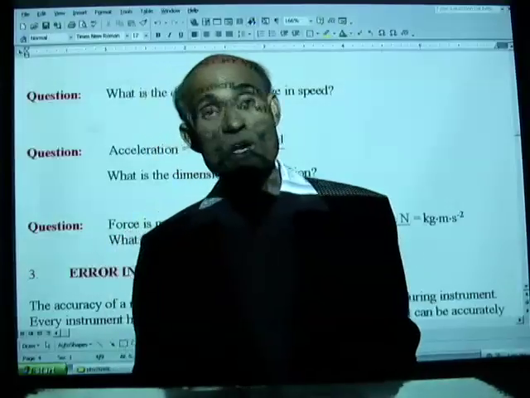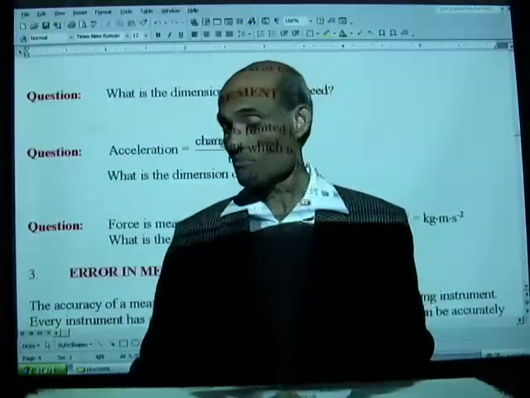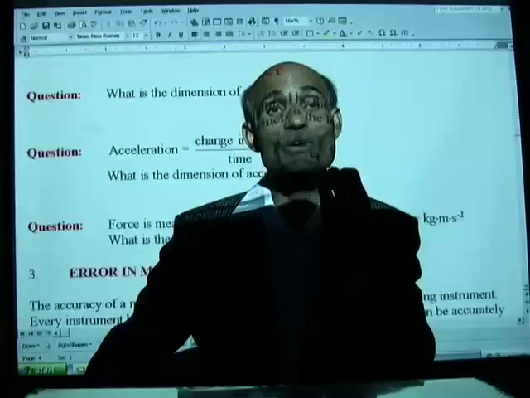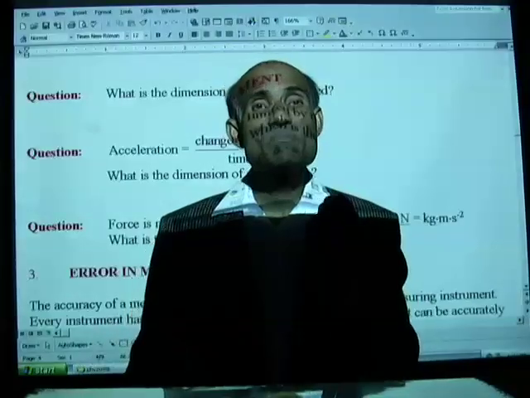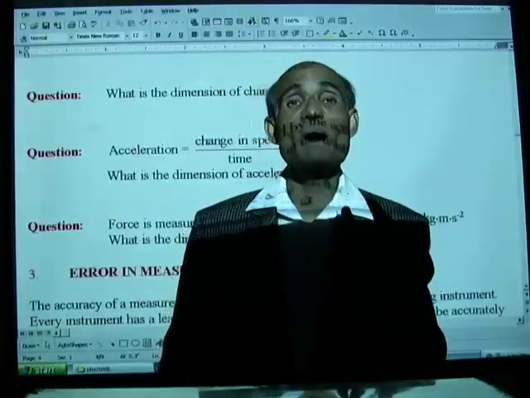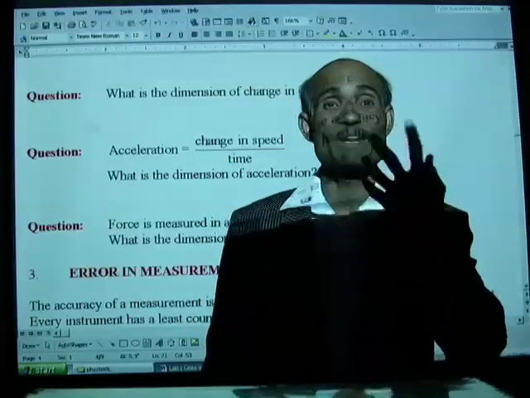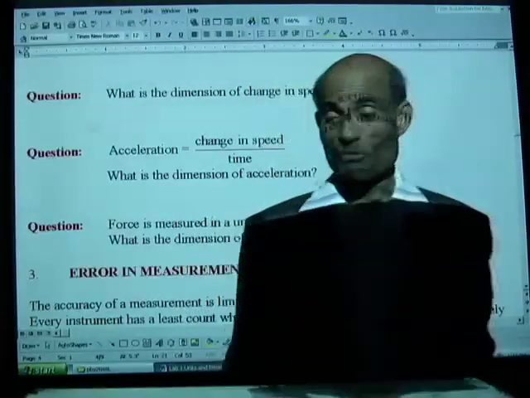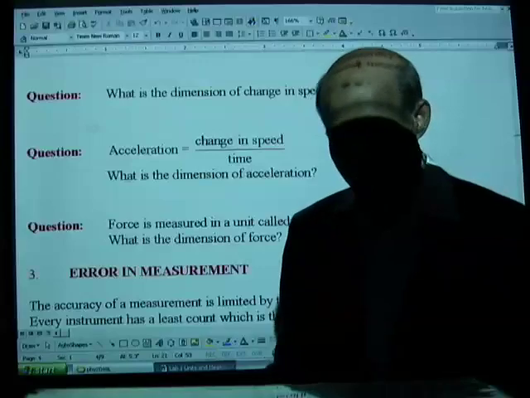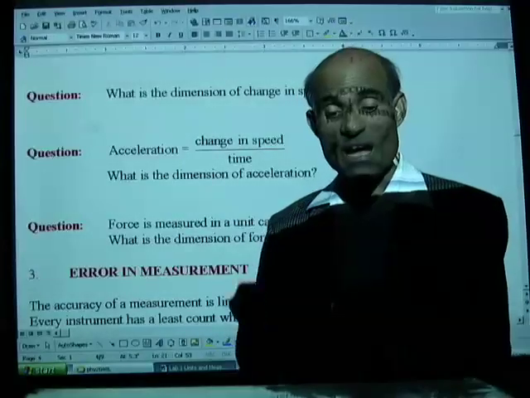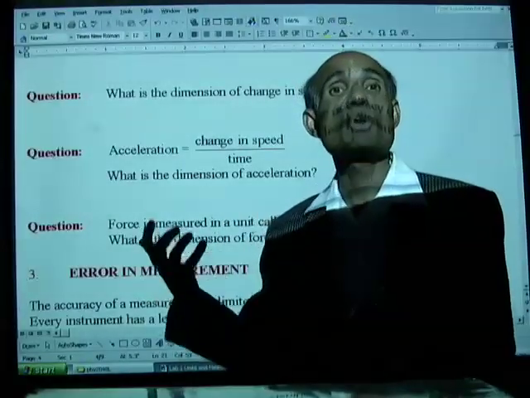Well, one of the common ways you can make an error in the measurement is the limitation imposed by a measuring instrument.